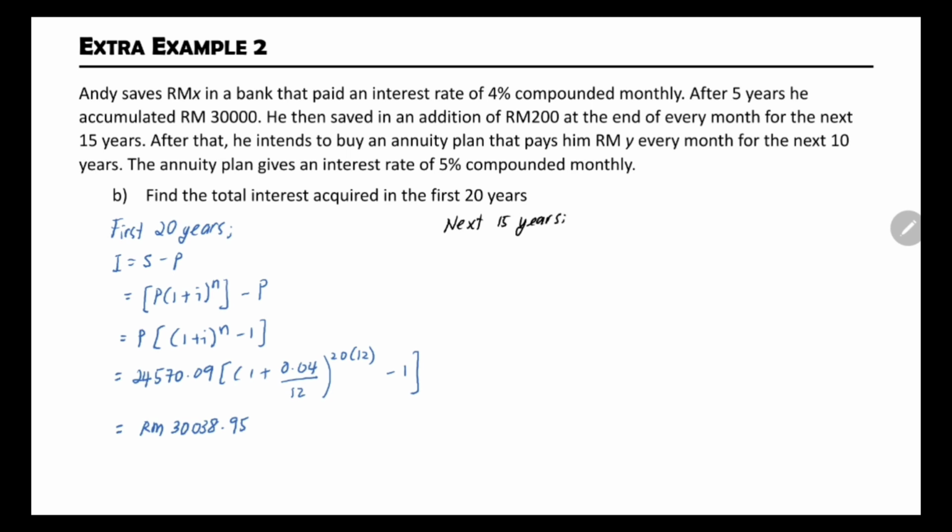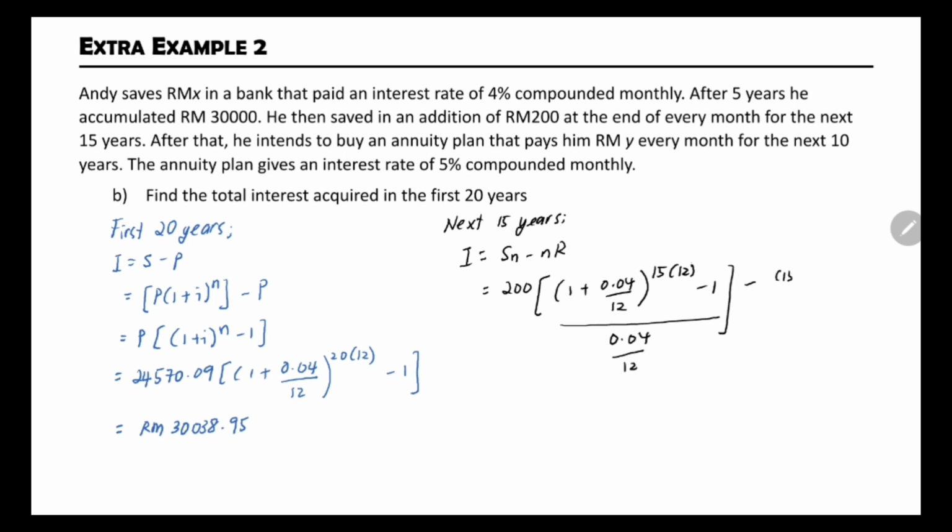And then the second interest is for the next 15 years. I is from an annuity, since there is a repeated payment of 200 at the end of every month, so this is an annuity. I is given as SN minus NR. SN is R times (1 plus 0.04 divided by 12) for 15 years minus 1 over 0.04 over 12, N is 15 times 12, R is 200.